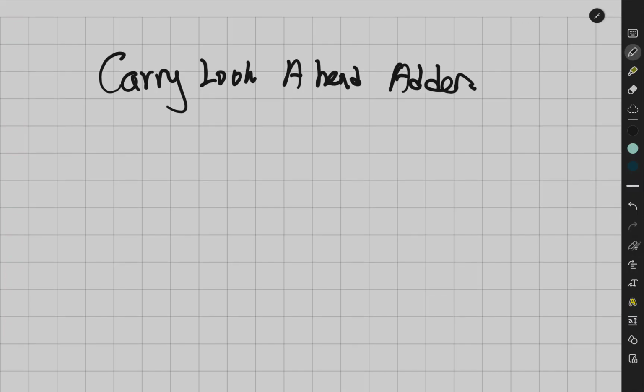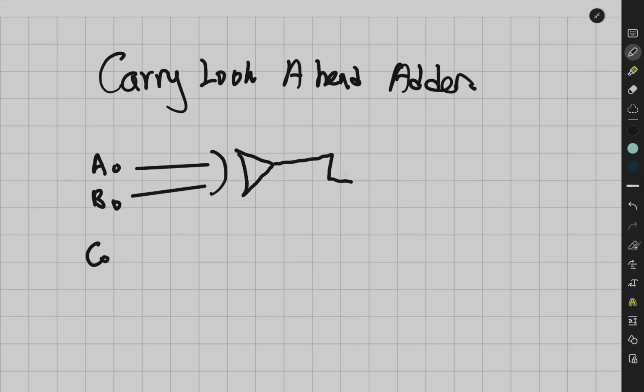So we start with A0, B0 and C0. A0 goes through an XOR with B0, and after that another XOR. This means A plus B gives either 1 or 0, and this is your output S1.